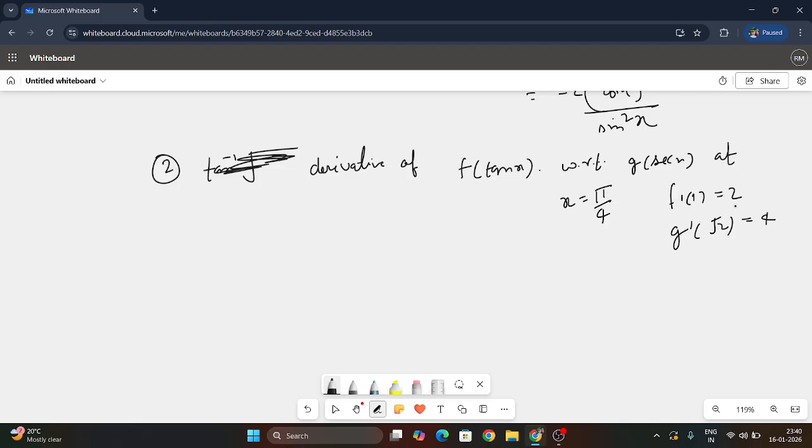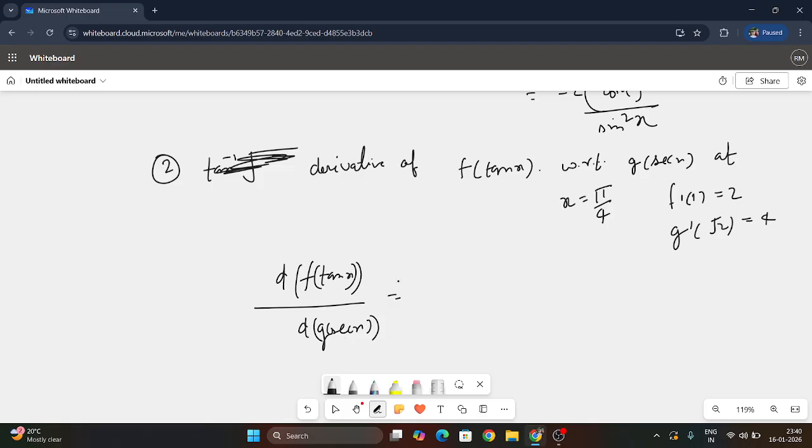So let's try it. Now, the derivative of f(tan x) with respect to g(sec x). We have to differentiate with respect to x, so you can say d by dx and d by dx.